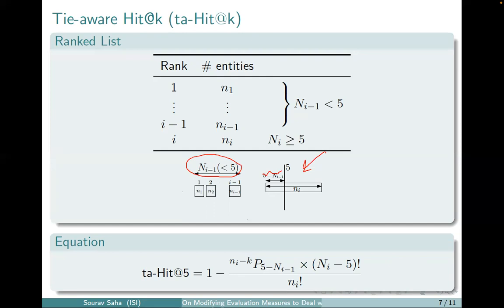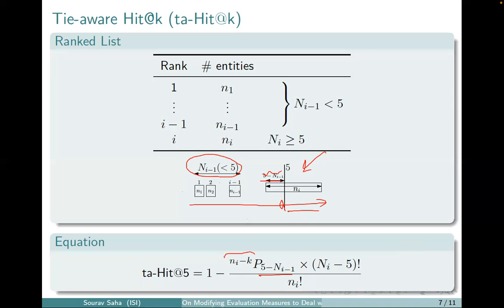We have n_i minus k wrong answers, from which we choose 5 minus N_{i-1} positions, that is a permutation. The rest of the entities, n_i minus 5, can be rearranged in n_i minus 5 factorial ways, and the denominator is n_i factorial.